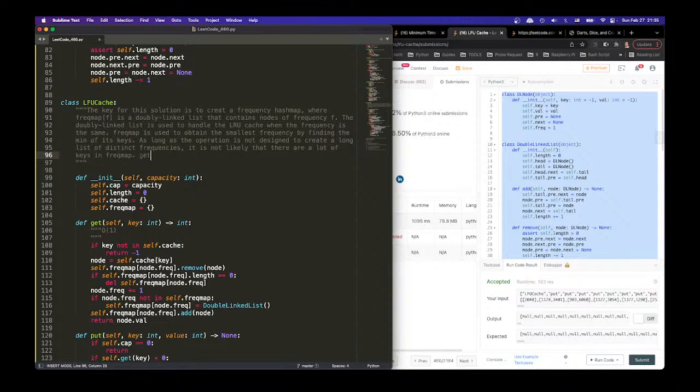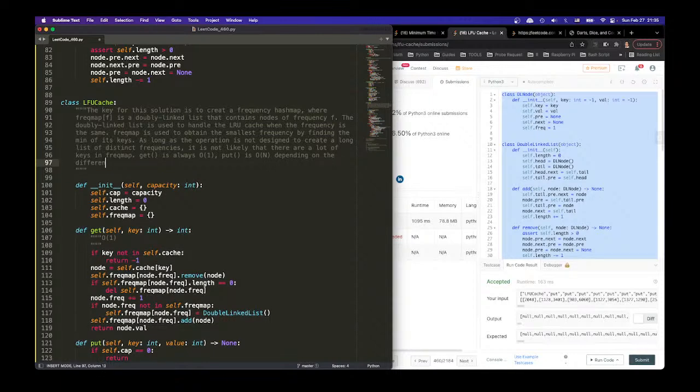But get is always O(1). Put is O(n), depending on the different frequencies currently present.